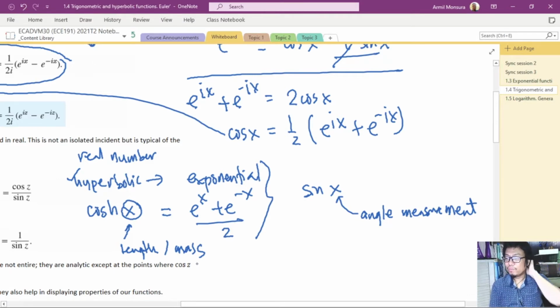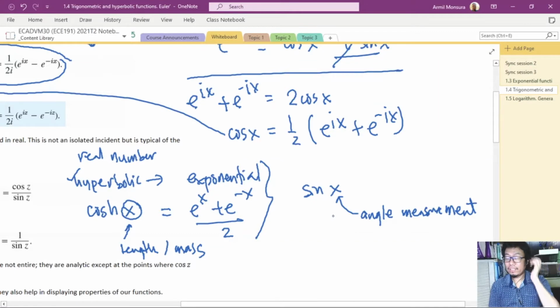Okay, so the hyperbolic functions and the trigonometric functions are completely different functions. They are unrelated. But the properties of hyperbolic functions closely resemble those of the trigonometric functions.